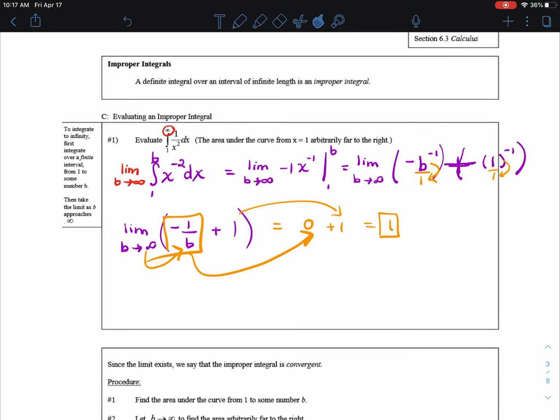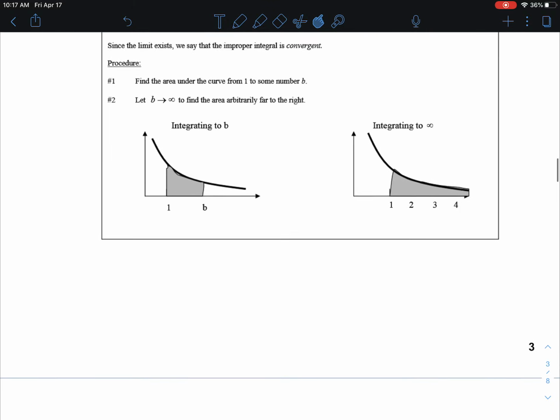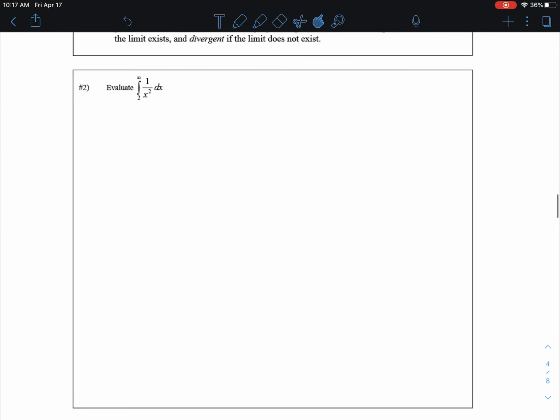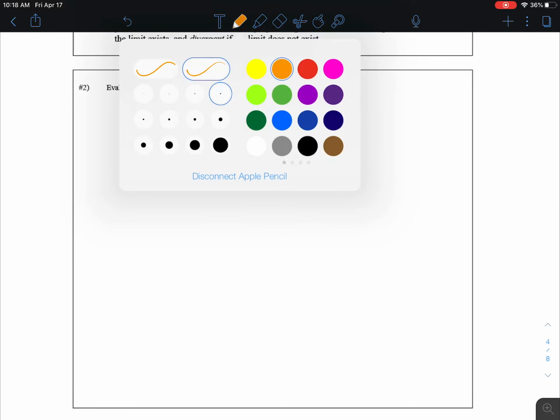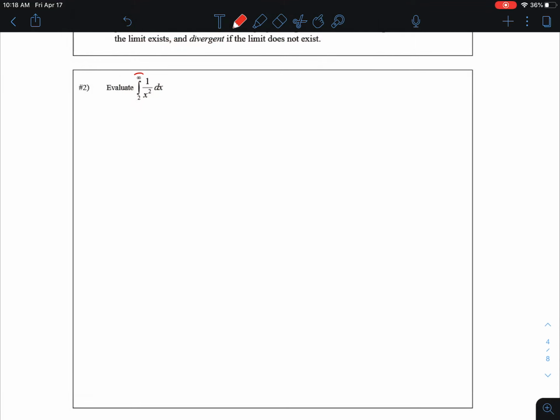Okay, we're going to try one more of these, and then we will stop for today, and you'll just have a handful of problems here to try over this. So we are going to begin with replacing that infinity symbol with a b, and we're immediately putting the limit as b approaches infinity. This is going to feel really similar to the problem that we just did, although I think our lower limit on this is 2, and in the other problem it was 1.